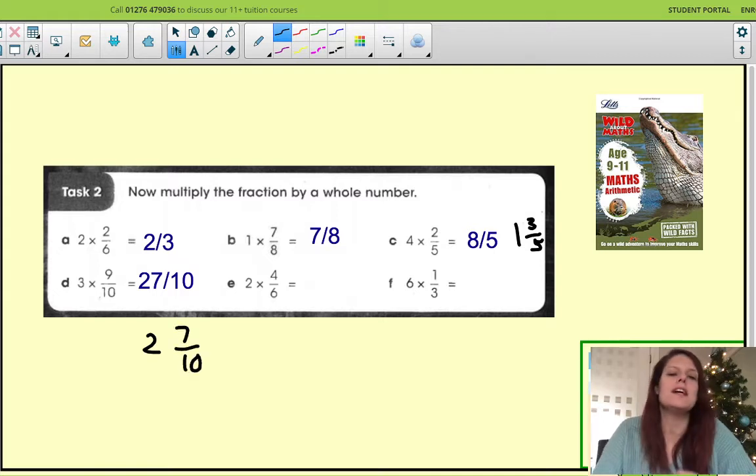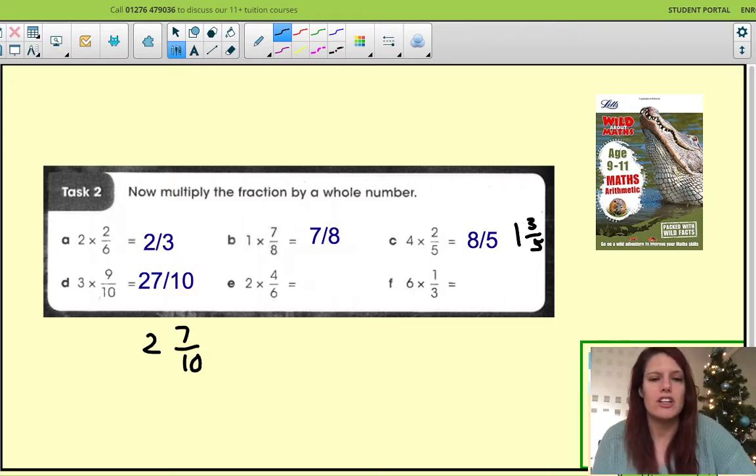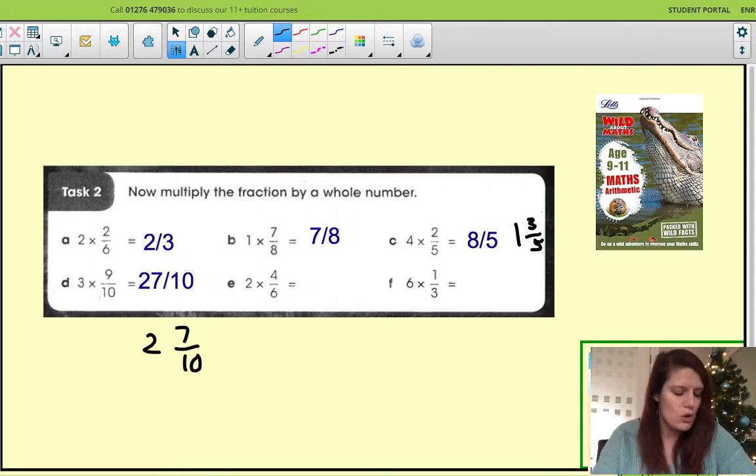The process of turning a mixed number into an improper fraction is seeing how many times the denominator can go into the whole number, which is of course 2, and then you have 7 left over in this case. So 2 lots of 10 are 20, and then there are 7 tenths left over. So 27 tenths, you can see it's got the same value as 2 and 7 tenths.